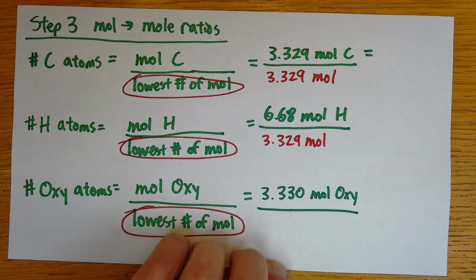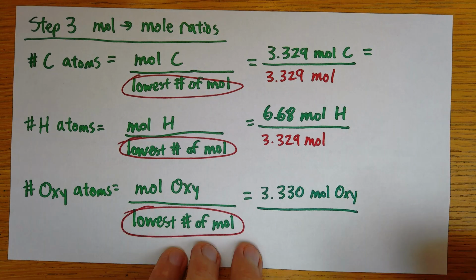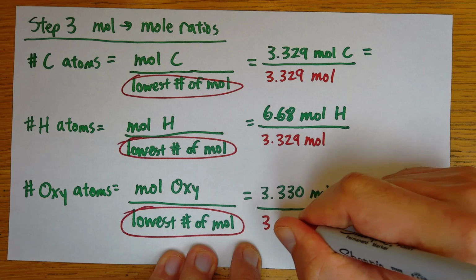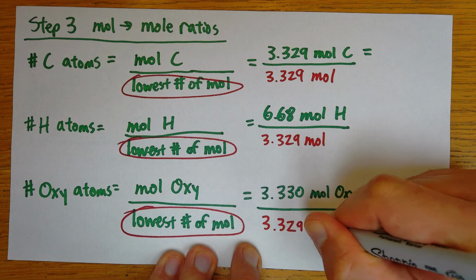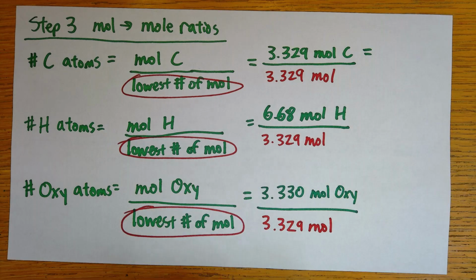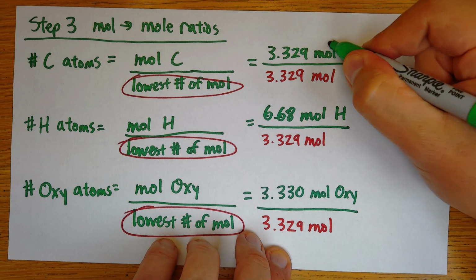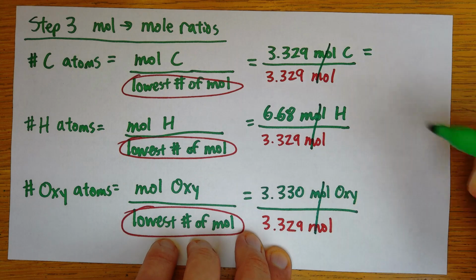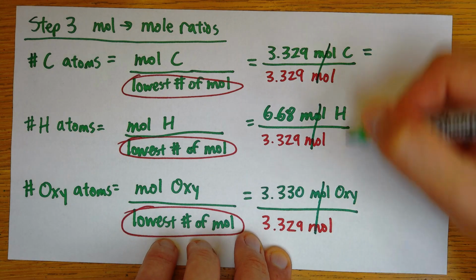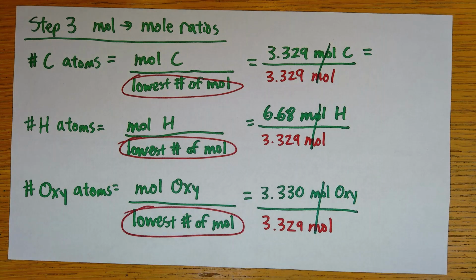And again, we're going to divide by that lowest number, 3.329 moles. Our moles cancel, leaving us with just the units of the elements themselves.